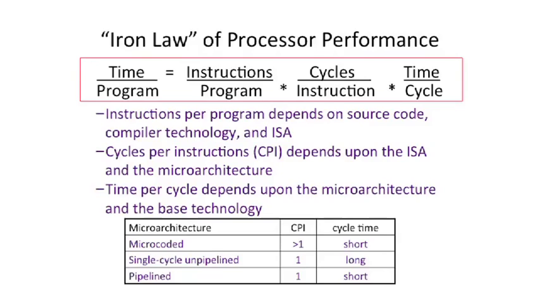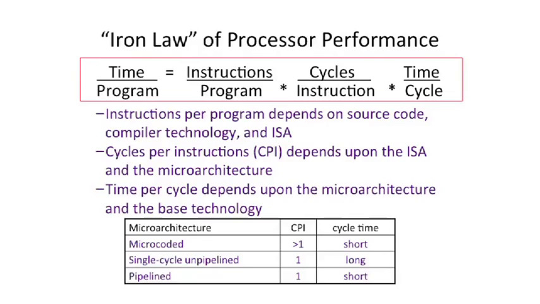And it boils down to a very basic formula where the time to execute the program, so this is the time it takes to run your program that you're trying to execute, is equal to how many instructions your program has, times the cycles that it takes to execute one instruction for the program, multiplied by the time per cycle.